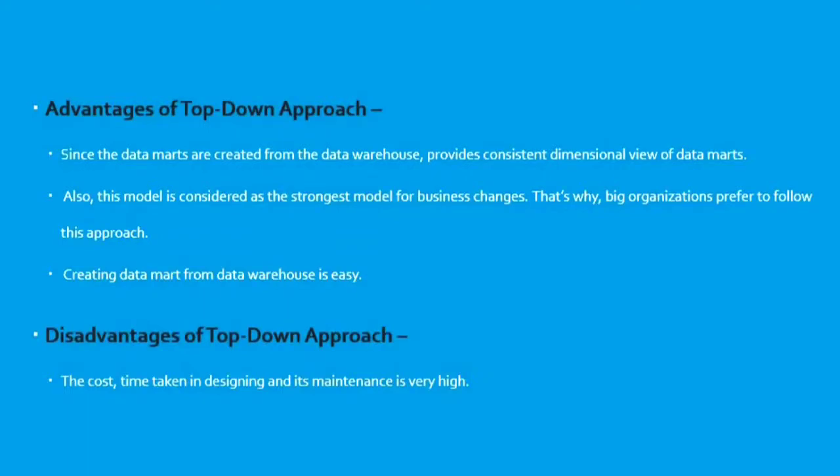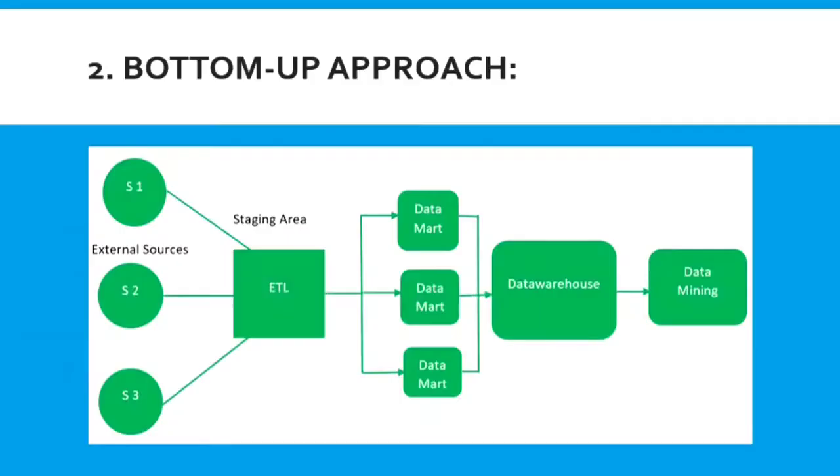The next approach is the bottom-up approach. In the bottom-up approach, the data is extracted from external sources as it happens in the top-down approach. Then the data goes to the staging area, same as in the top-down approach.